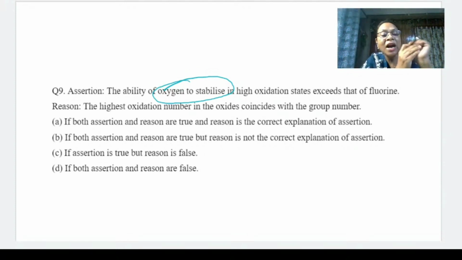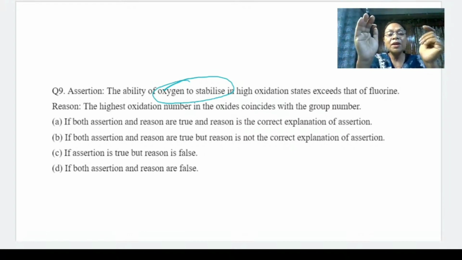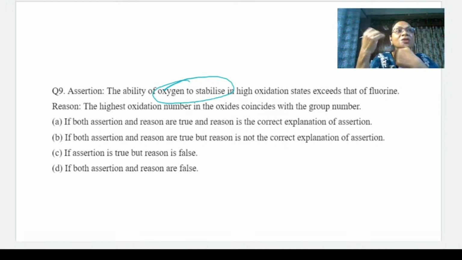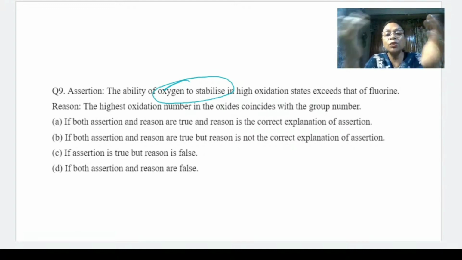And the reason says the highest oxidation number in the oxides coincides with the group number. The highest oxidation number in the metallic oxides, of course, coincides with the group number.